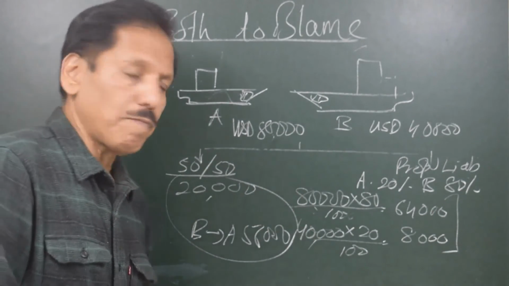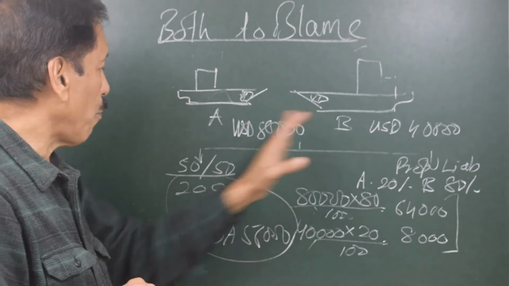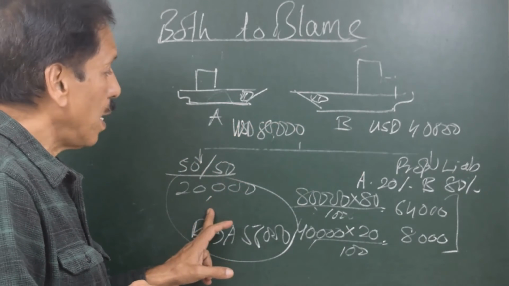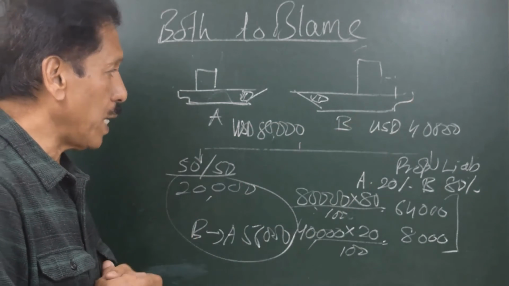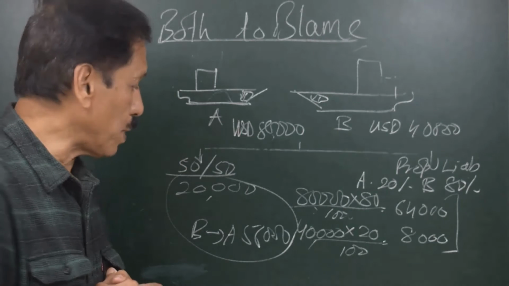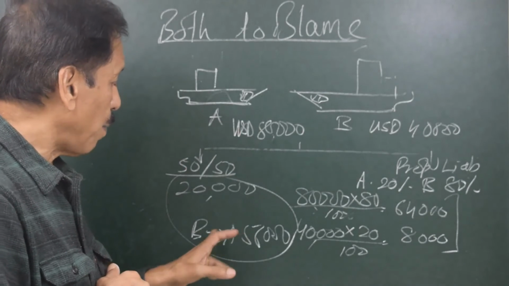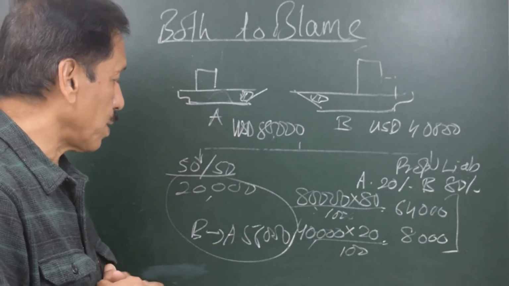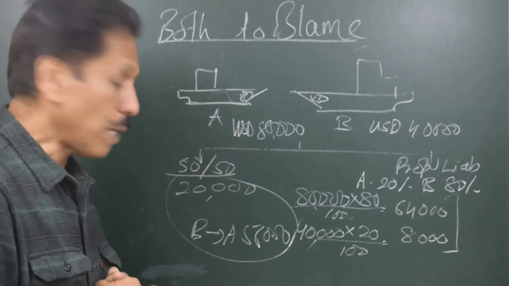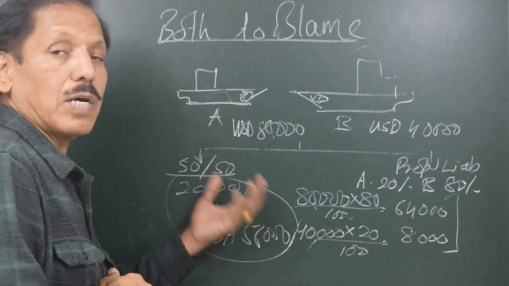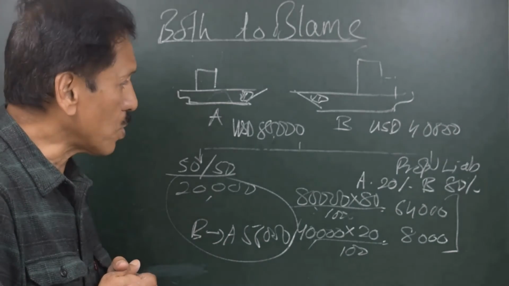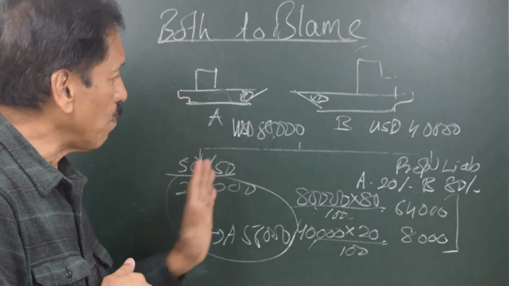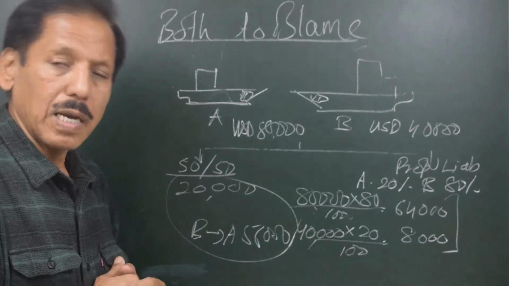If it was the 50-50 principle, B would have paid A 20,000, and if it is the proportional liability principle with B blamed 80% and A blamed 20%, then B pays A 56,000 US dollars. That means you are paying 36,000 more because of this principle. I hope you have understood the difference between the 50-50 principle and the proportional liability principle.